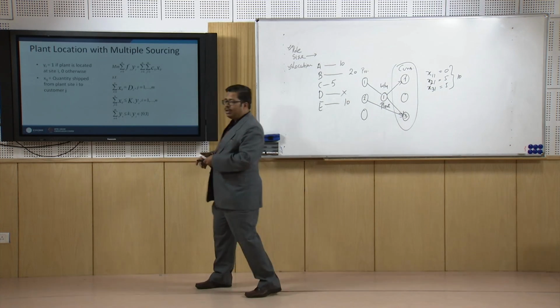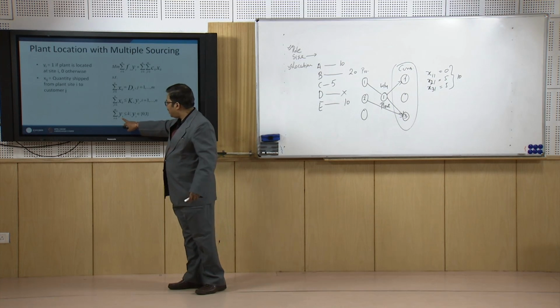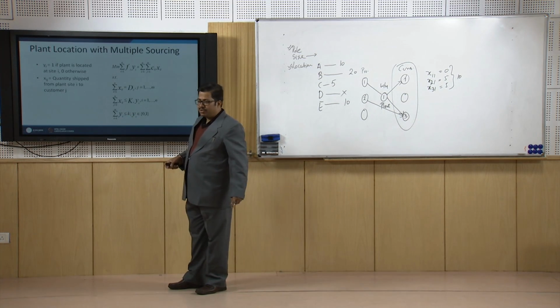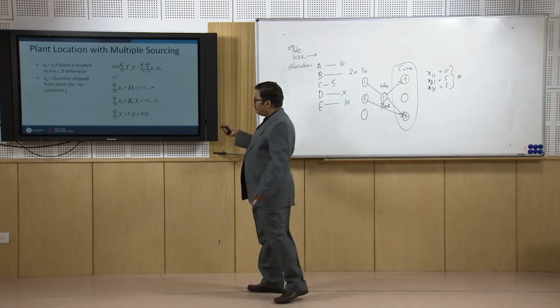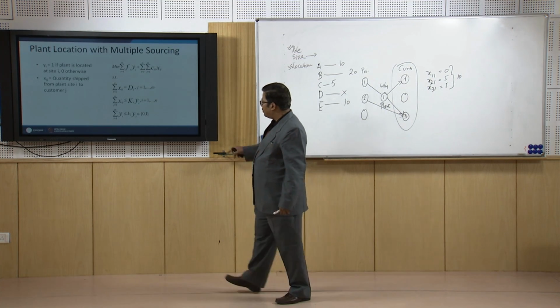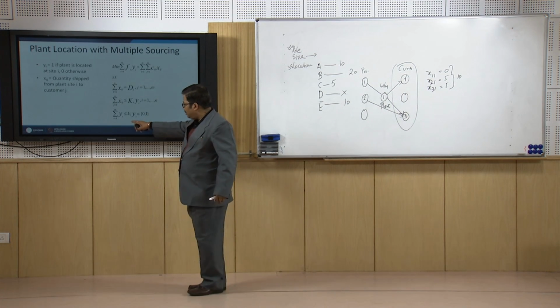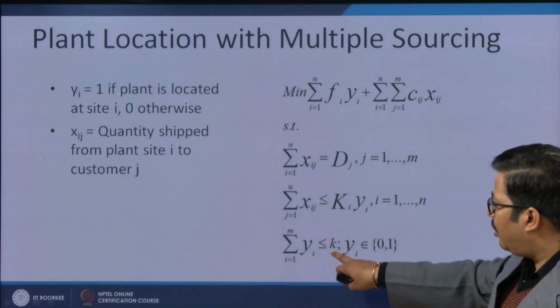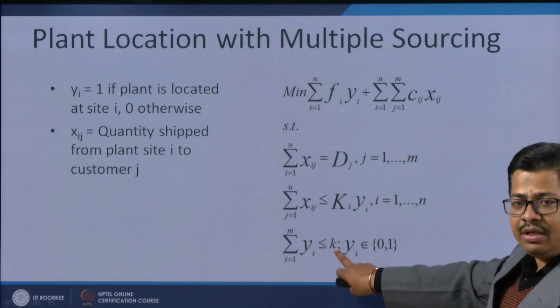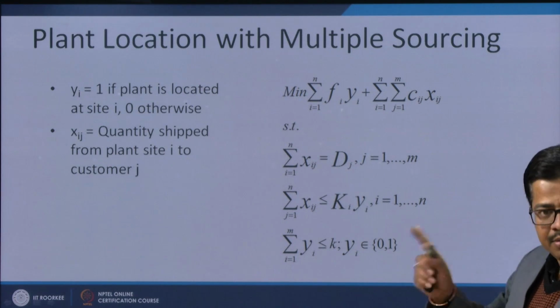And then you have the last factor, that is sigma Yi is less than or equal to 1, meaning the values of Yi can only be 0 and 1. So the sum of the Yi values should be at most 1.